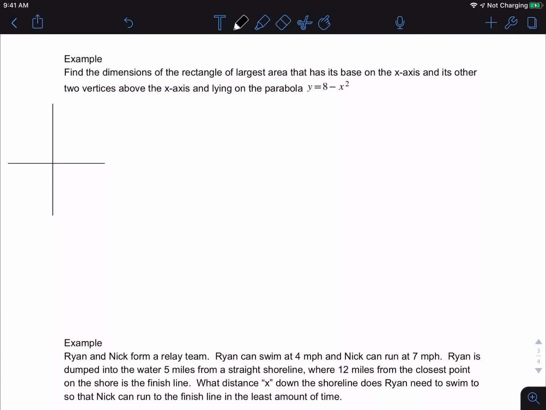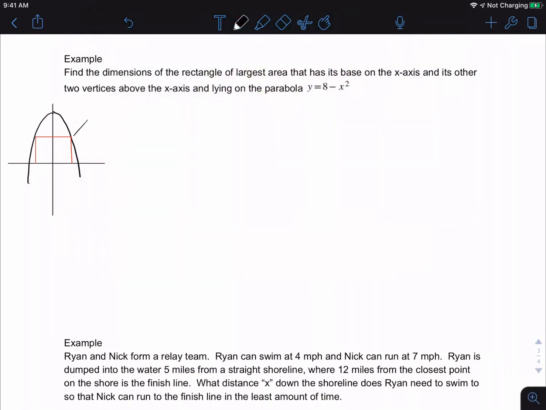So when we do this problem, I know it's going to look like this. And we're trying to, again, find the two vertices, to there, to there, right?